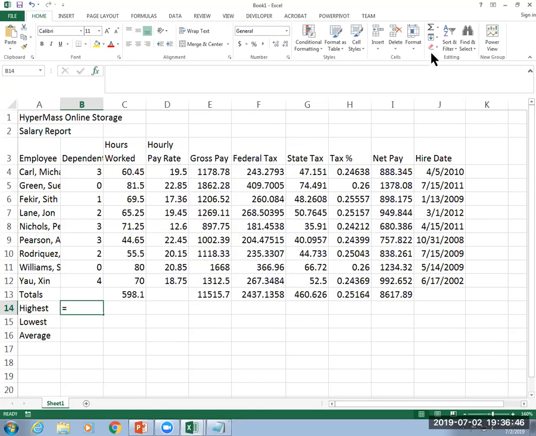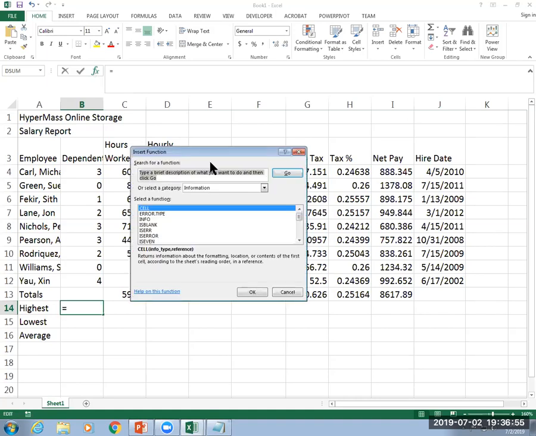The other thing is that if I don't want to go that route by doing sigma and then more functions, I can also get there by clicking onto the FX button. And the FX button brings up the same thing.